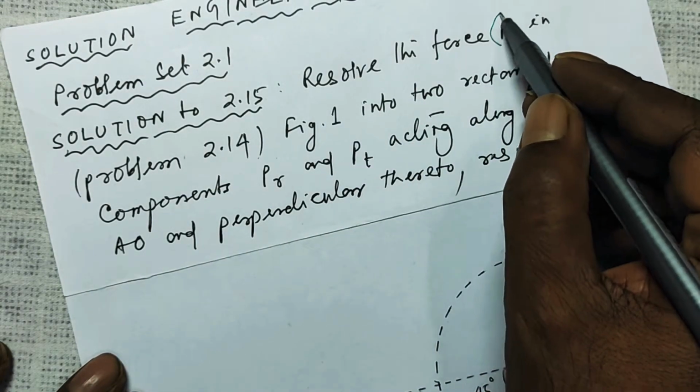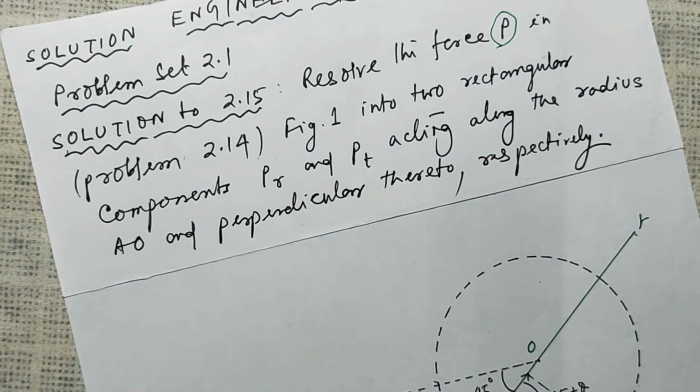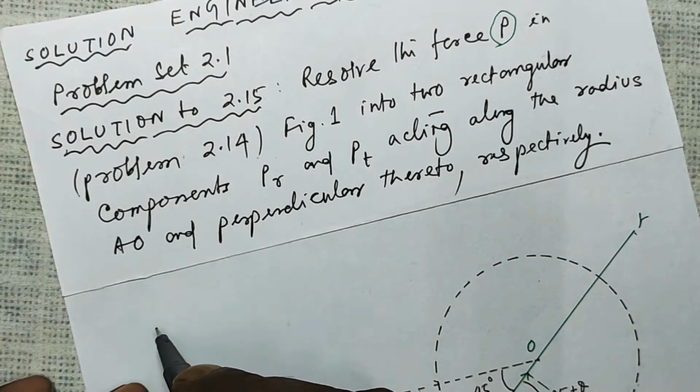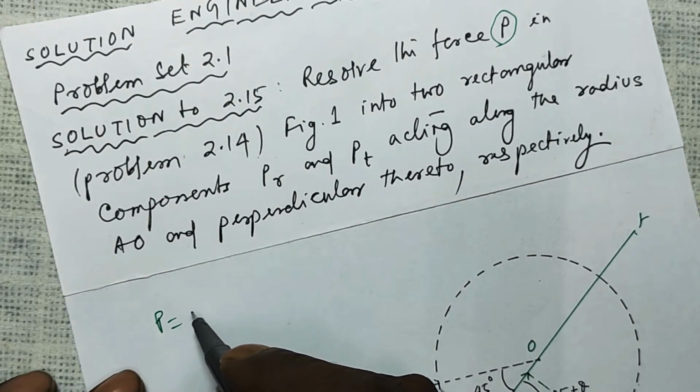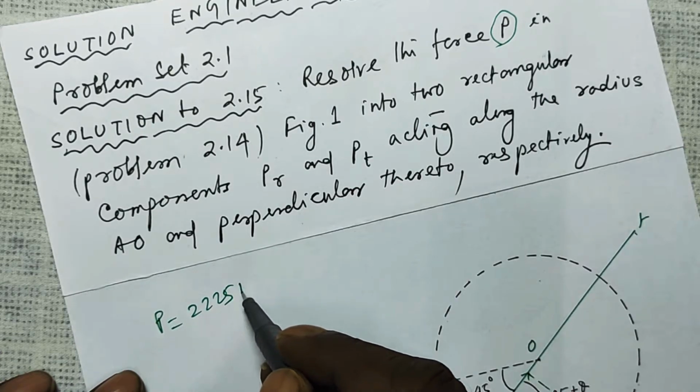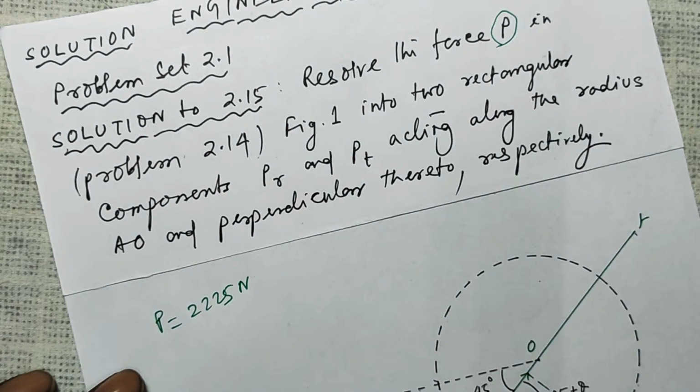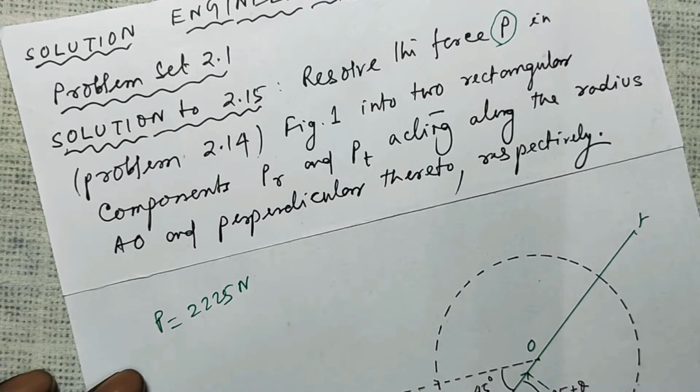Resolve the force P. The value of P was given, as in the previous problem, as 225 Newton. Here was your piston, here was your crank pin, this was your connecting rod, and this was your crankshaft, right?